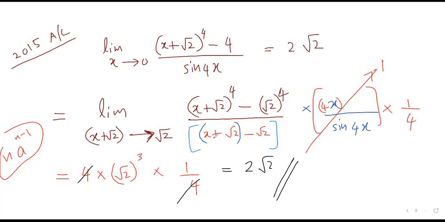2016. Let's see, 2016. It's somewhat different from other years. First, it is given that alpha is greater than 0.